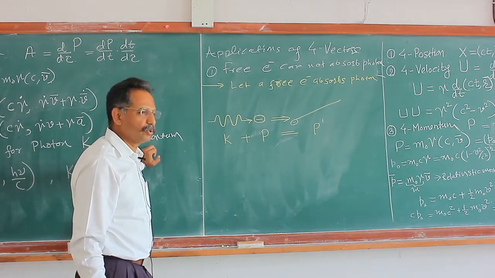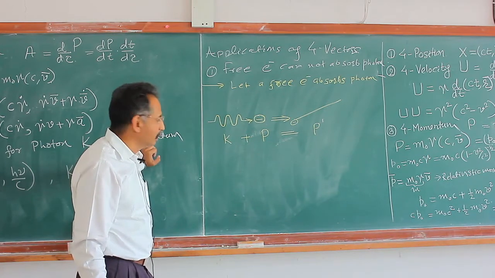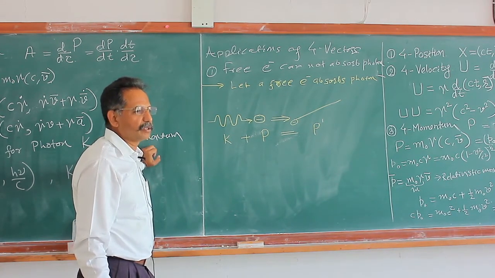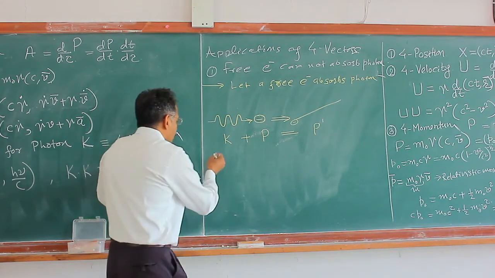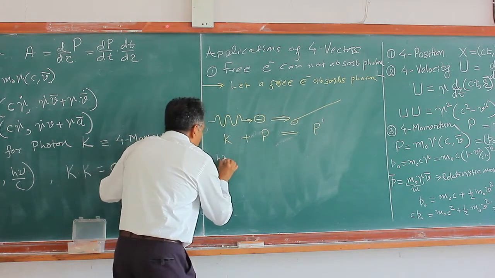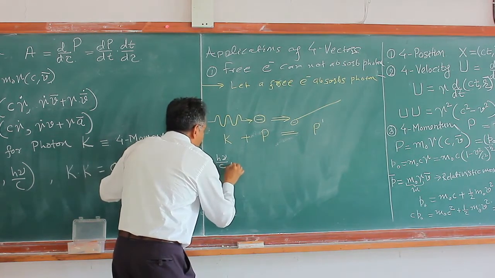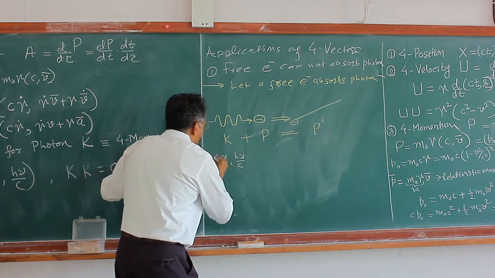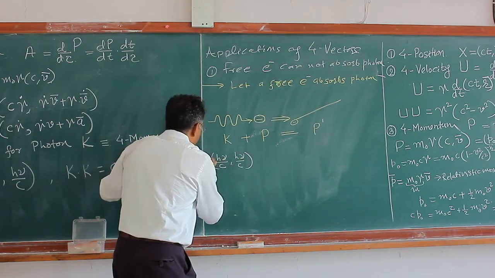H cross K also you can write is one and the same thing. There should not be anything wrong if we write h cross K. But let us go ahead with h nu by C, comma h nu by C. So this quantity is capital K.